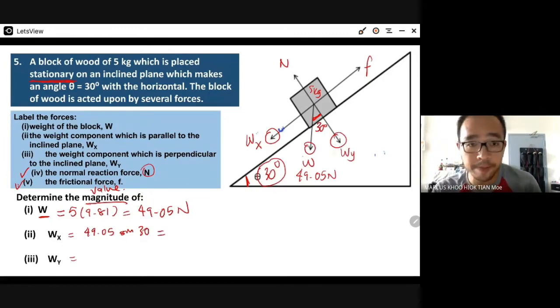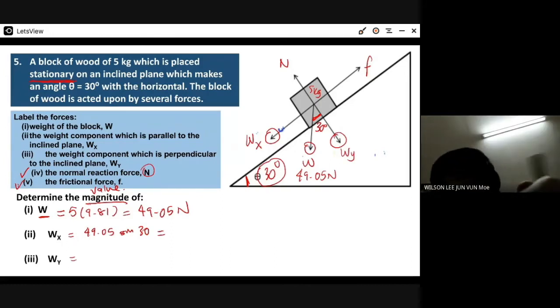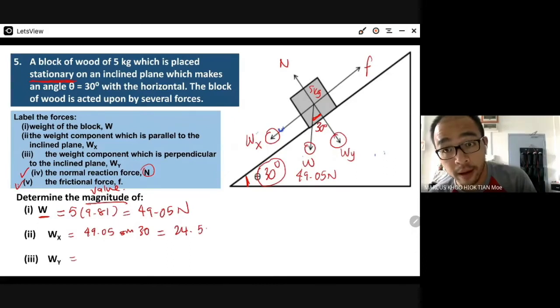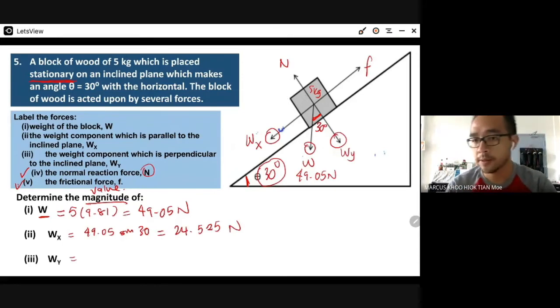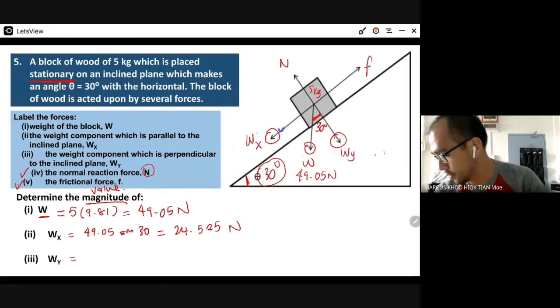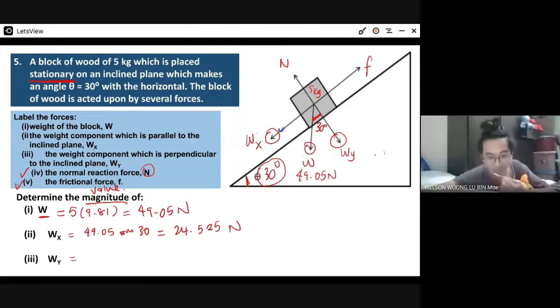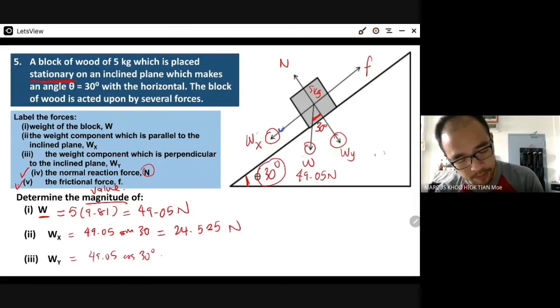How much is it? Can you calculate? 24.525 newtons. Thanks, Wilson. Wilson? 49.05 cos 30, is it? Okay.